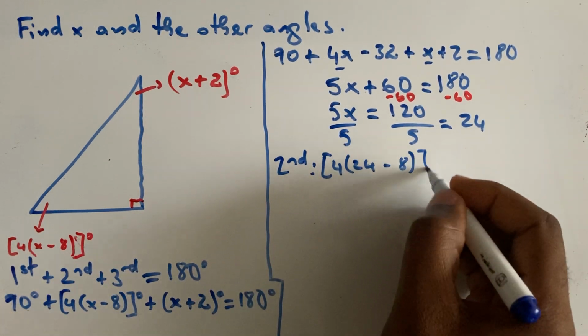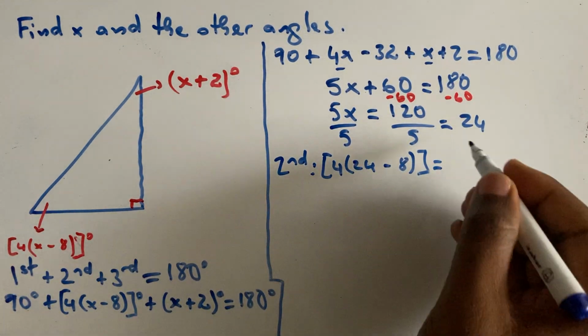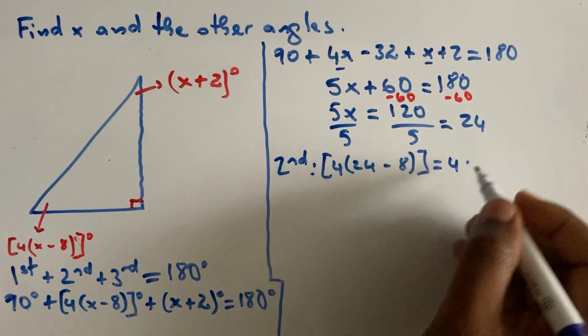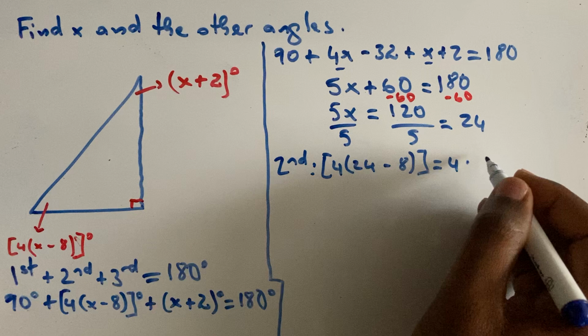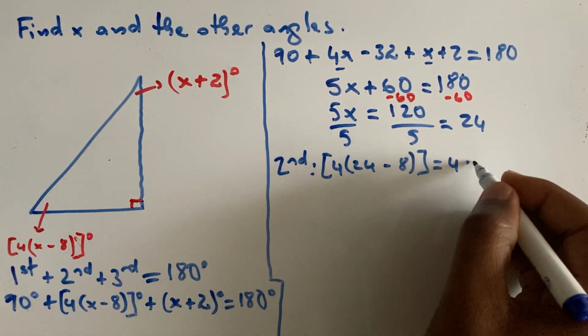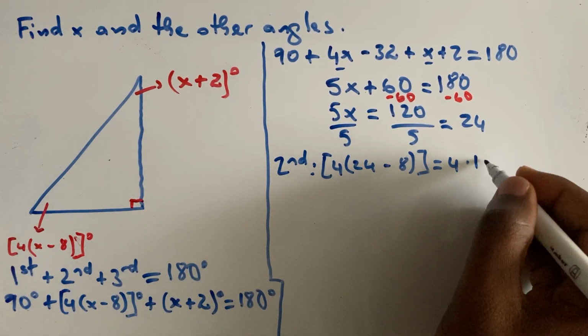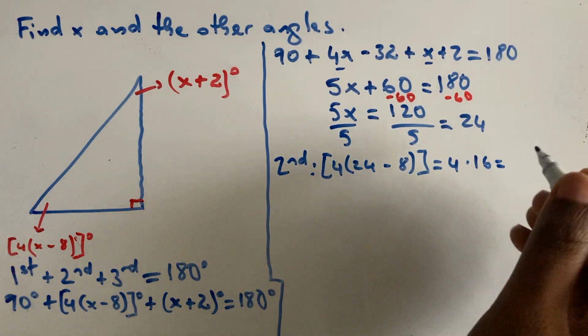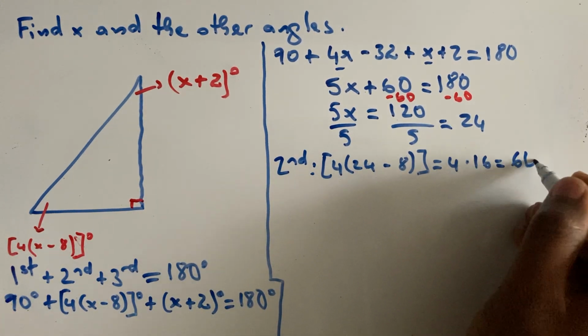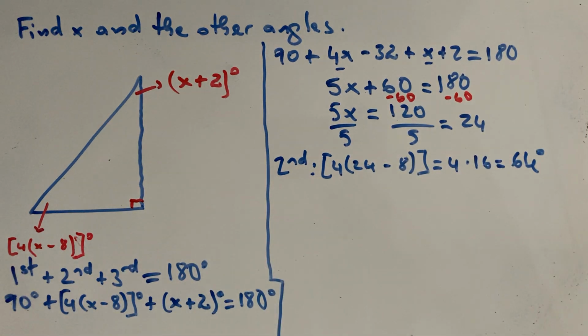And 24 minus 8 is 16, right? 24 minus 8 is 16. So 16 times 4 is 64. So this is the second angle.